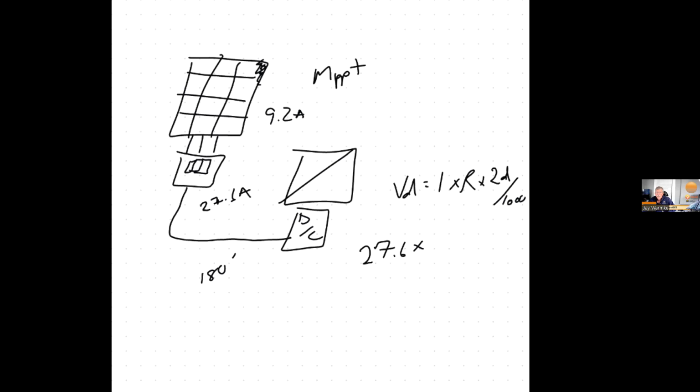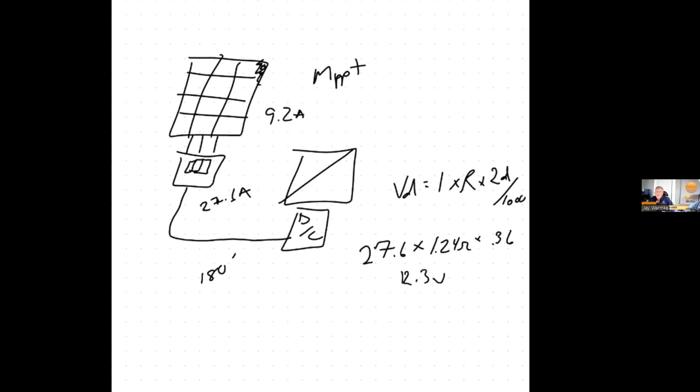It's 1.24 ohms. And we said 180 feet, so that's 360 divided by 1,000, or 0.36. So we can take 27.6 times 1.24 times 0.36, and we just lost 12.3 volts. All right, 12.3 volts.